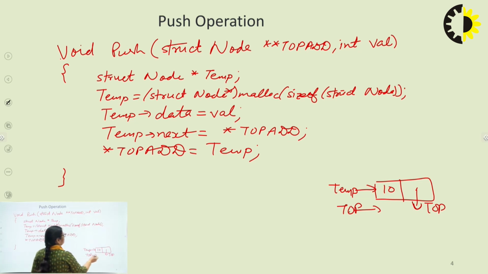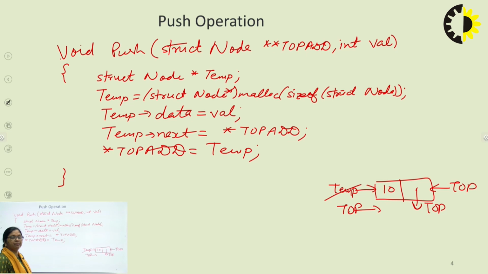If it was null, then it will become the first node. If it had some node address, then it will point to that. Now top is pointing to this. In top address, we have put the content of temp. So now the data has been pushed.